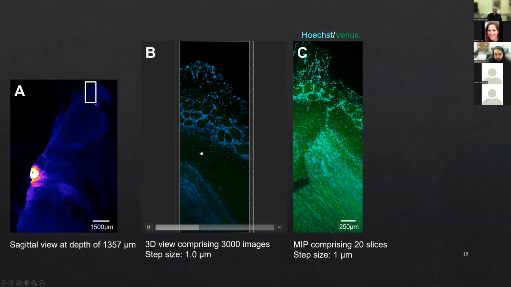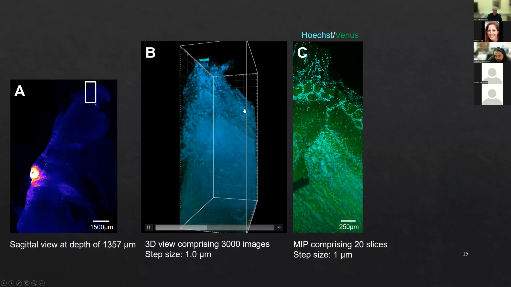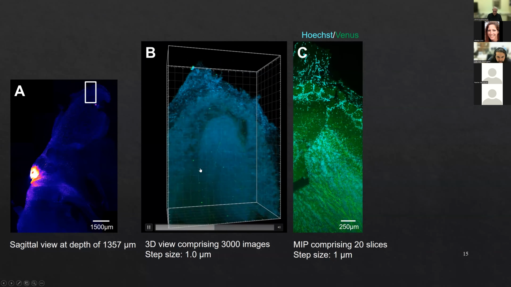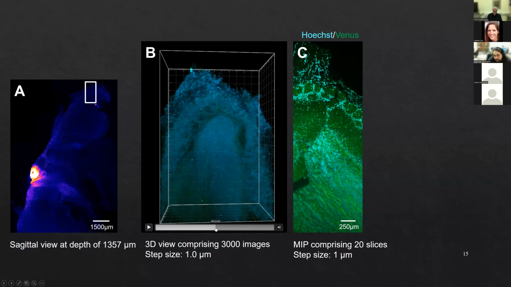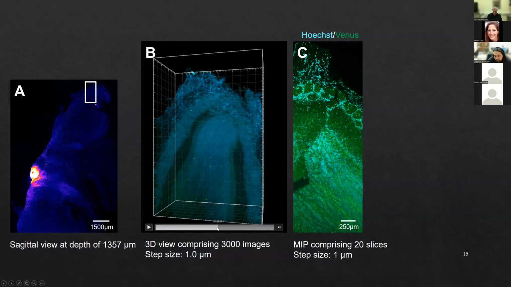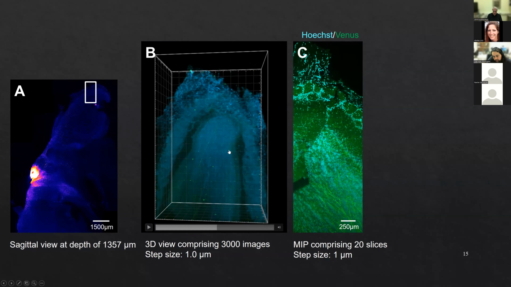Okay, where we see the nuclear staining, and we can clearly see the two main areas of the olfactory bulb: in the middle, the granular cell layer, and in the outer part, the glomerular layer. But we also see some GFP projections there. Okay.